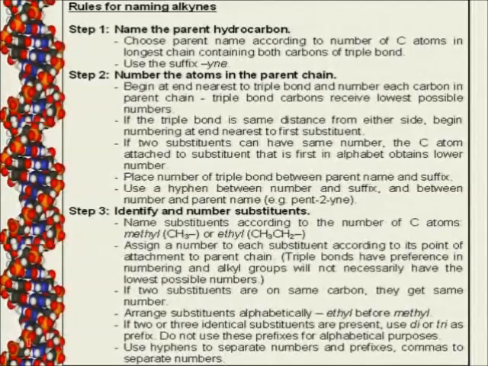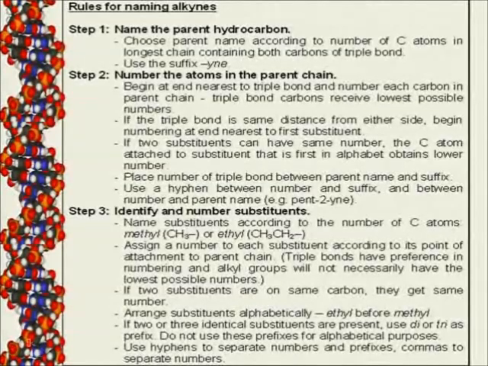All right? And then the second step, you number the carbons in the parent name. You number it the same way as we have done with the alkene, where you check that your triple bond has the lower number, just like we have done with the alkene, where we check that the double bond has the lower number.